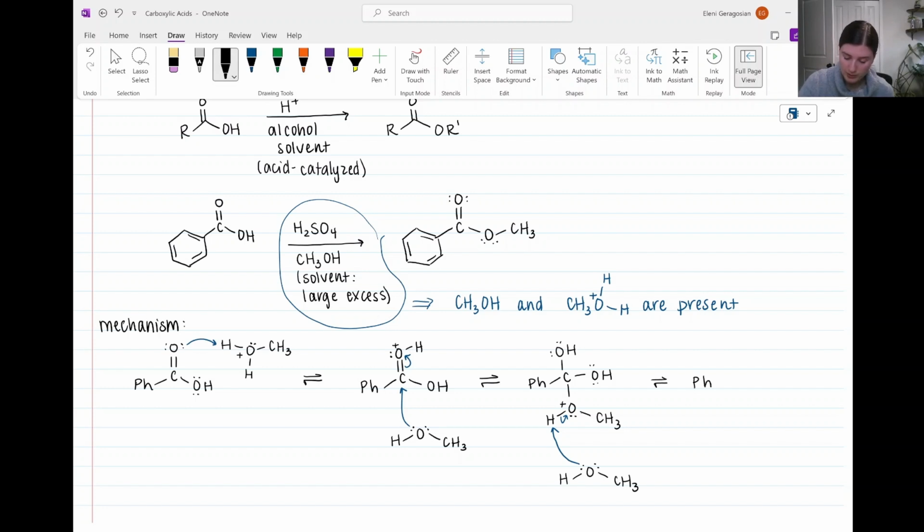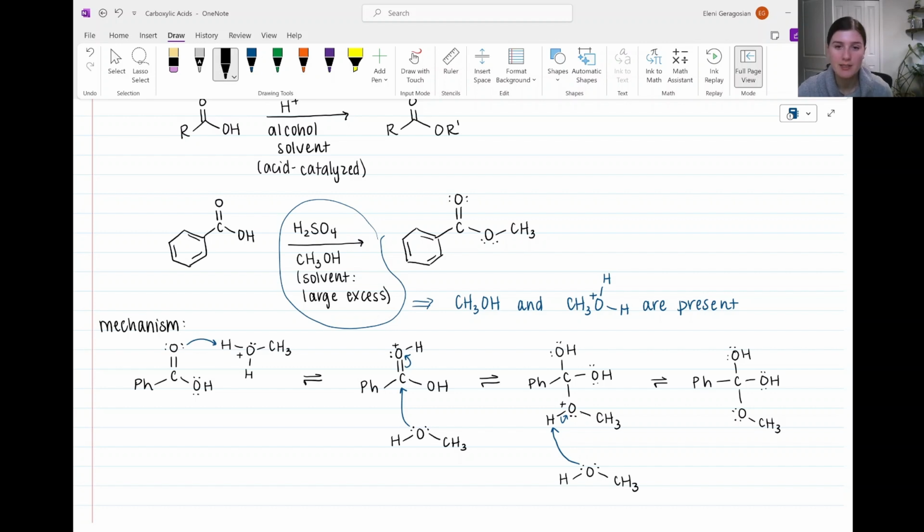And that will produce our neutral tetrahedral intermediate. In our final product, we have a pi bond to that carbon.